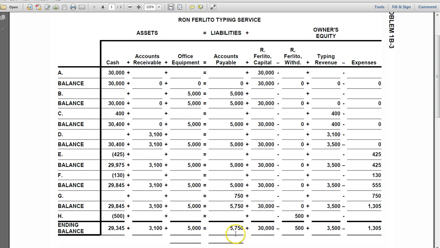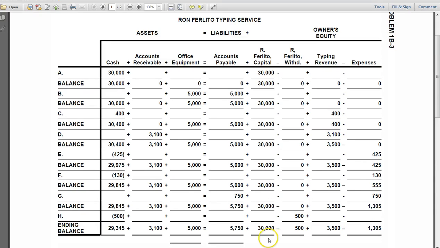So if you took the 5,750, added the 30 in the capital account, subtract the withdrawals, so it's 30 minus 500, plus the revenue, 3,500, minus the 1305.